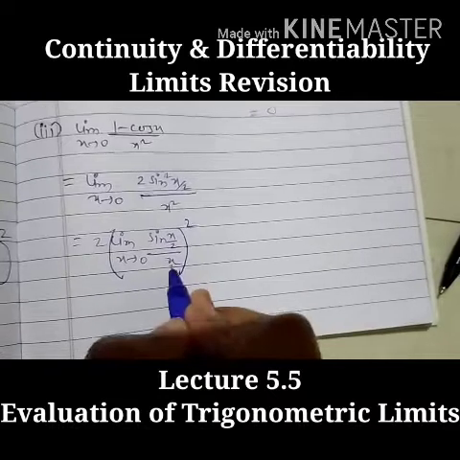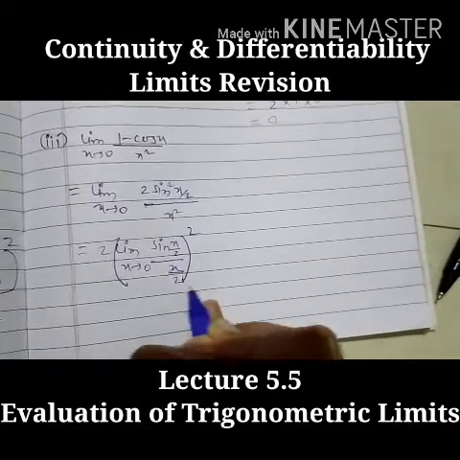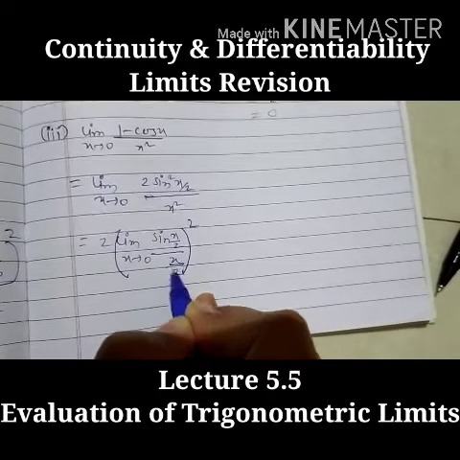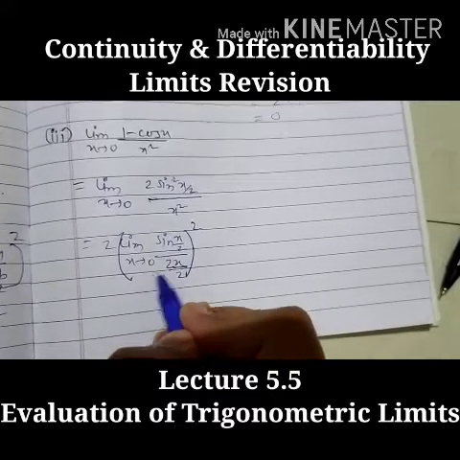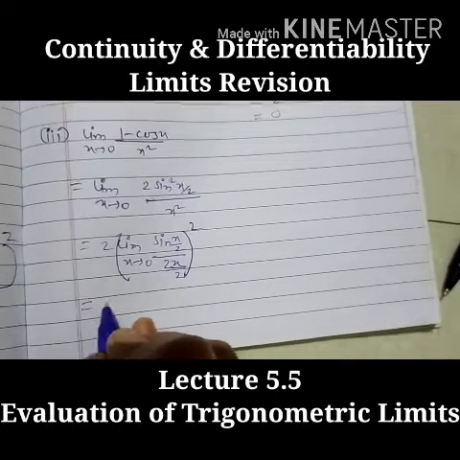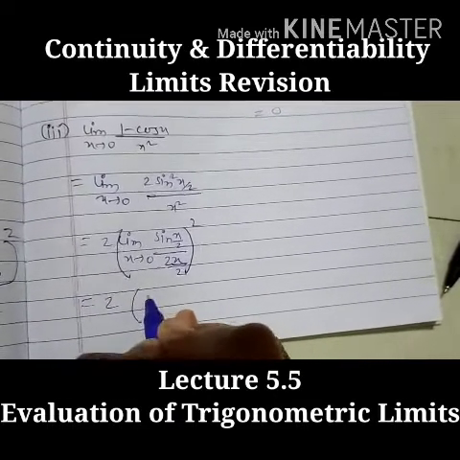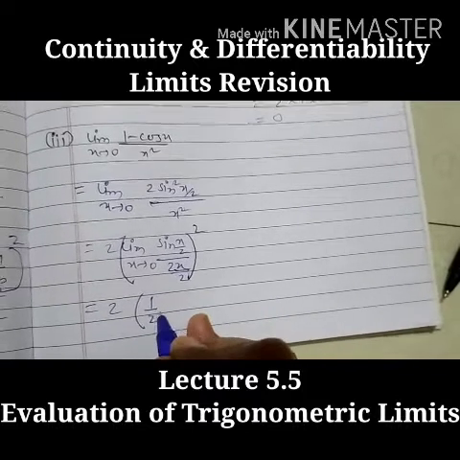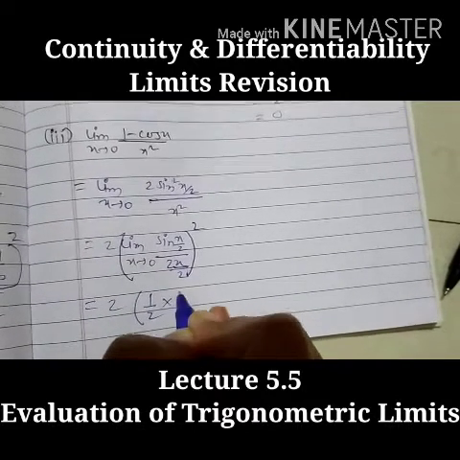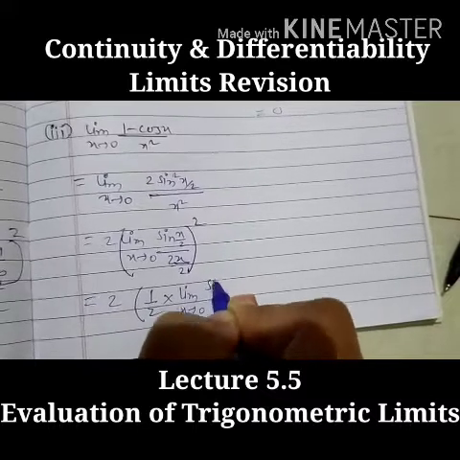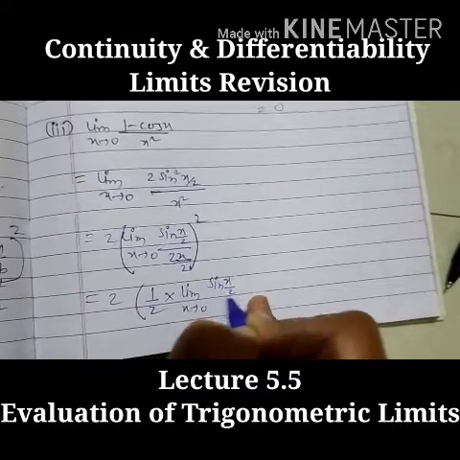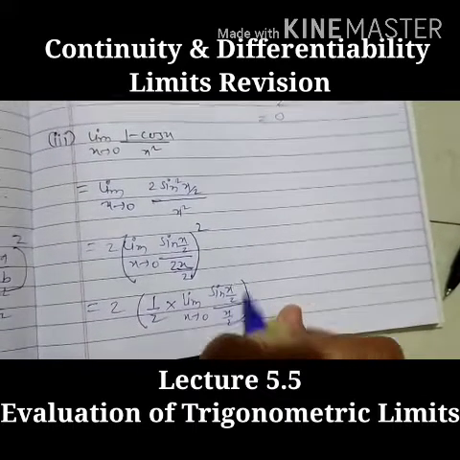Now we need it upon 2. So we have divided by 2x, so we'll multiply with x. Now this 1 by 2 can be written like this. Now we'll write in the bracket only: 1 by 2 into limit as x tends to 0 of (sin of x by 2 upon x by 2) whole square.